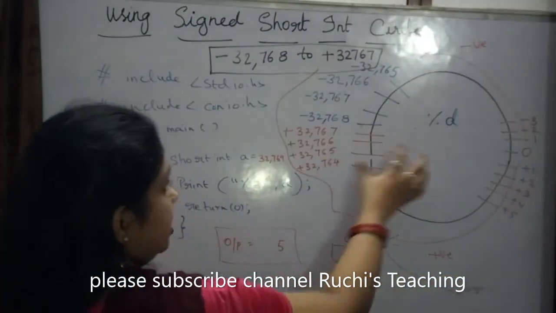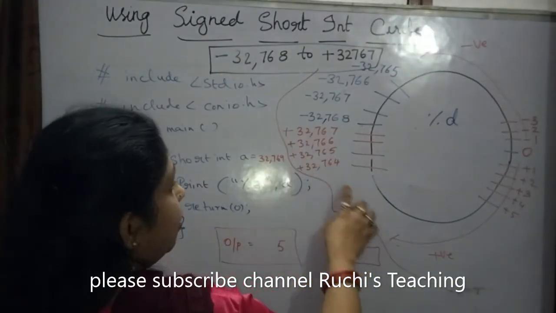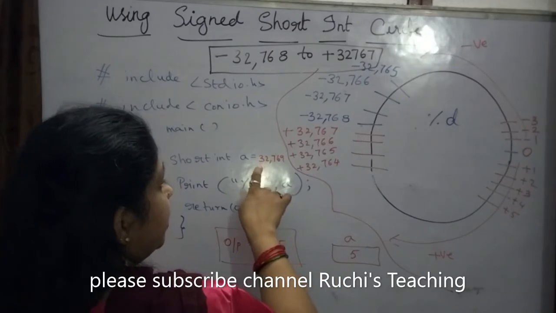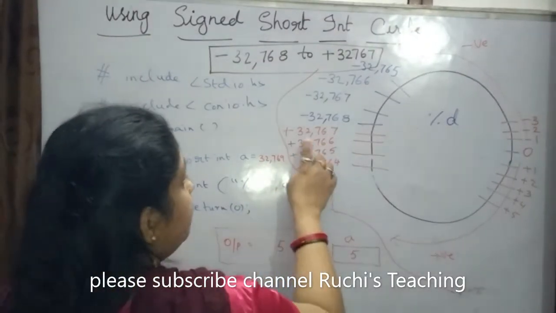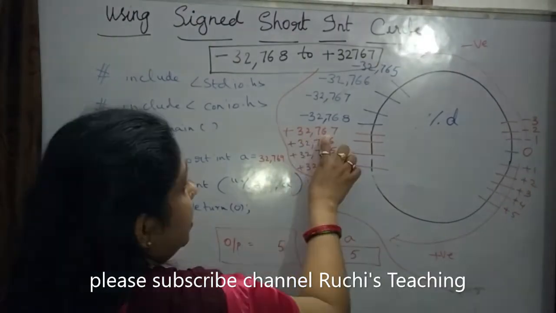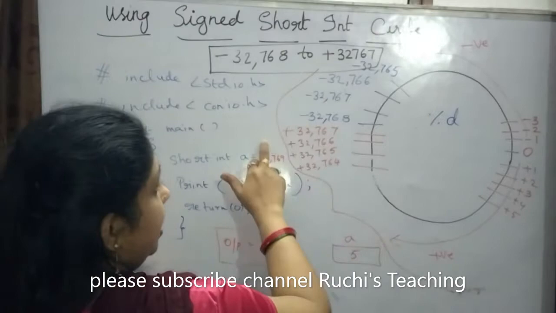this value is there in this circle or not. It comes here. What is the value here? 32,769 is the value. Now it comes here. 32,767 is there. After this, can you see any positive value?